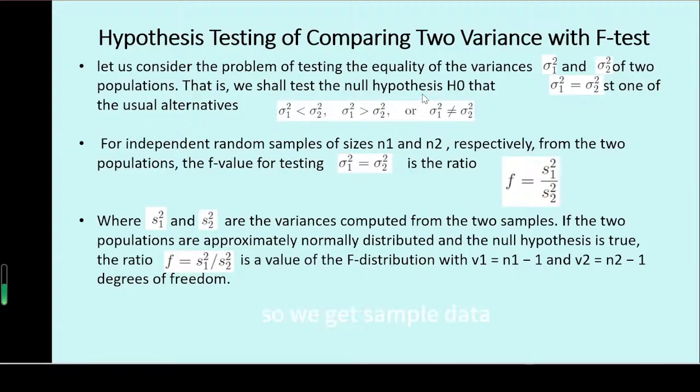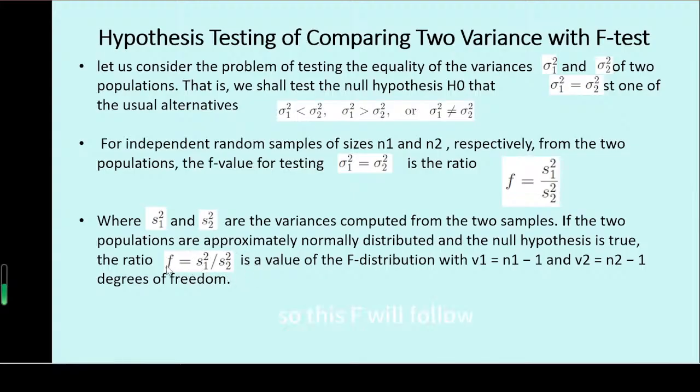So we get sample data. Take samples of size N1 and N2 from both populations. Then we get the sample variances S1 square and S2 square. Then the sample F statistic equals the division of these two items.